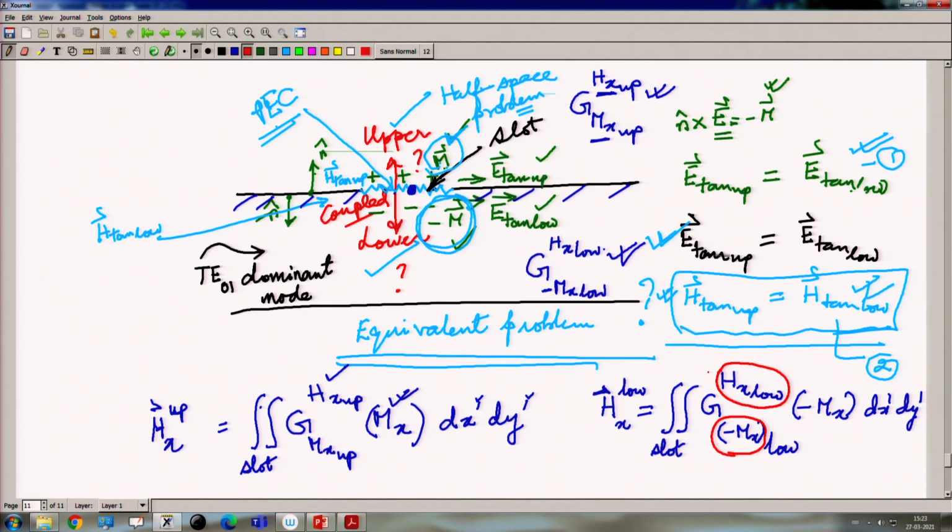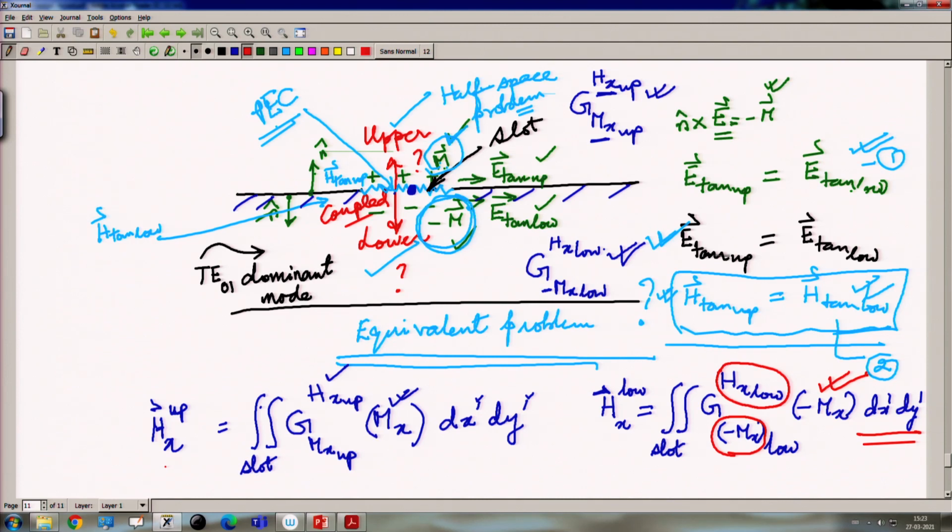It is convolved with the tangential magnetic current minus Mx and integrated over the surface area of the slot over which the minus Mx exists.